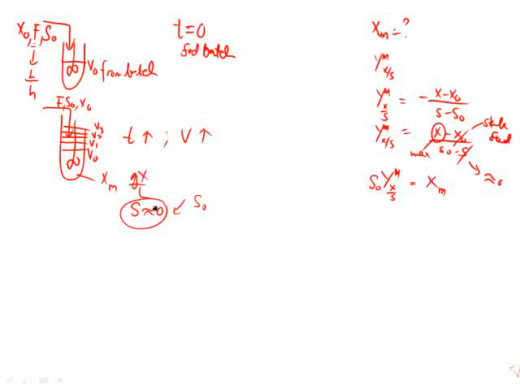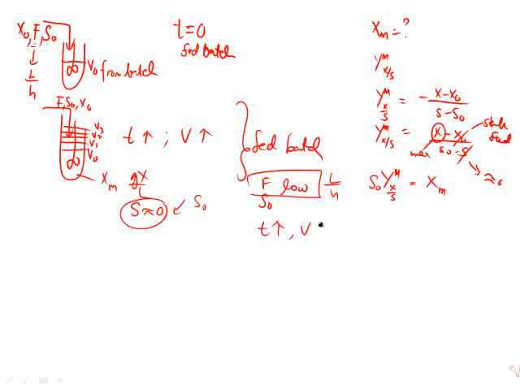Alright, understand? Do you have any question before we continue? No. Now, this is what happens in fed-batch. The F is low at certain S0. The F is low, liter per hour. Meaning through time, as T increases, the volume increases, the X increases.